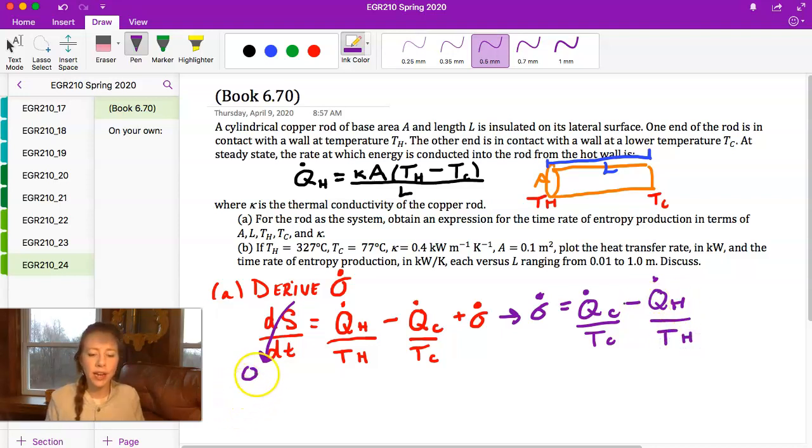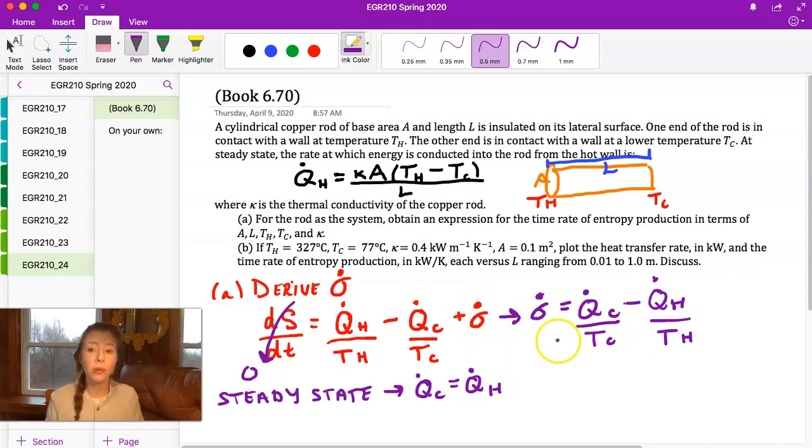So steady state tells us that Q dot C is equal to Q dot H. Same rate of heat transfer.